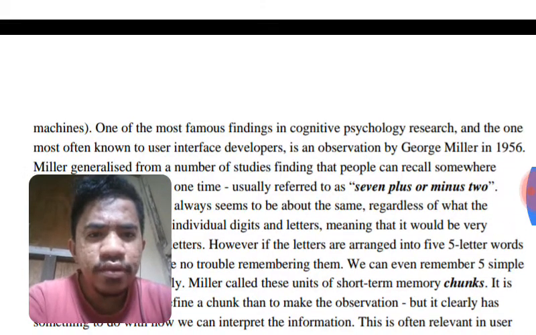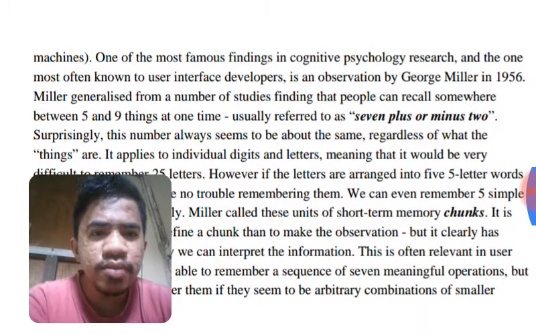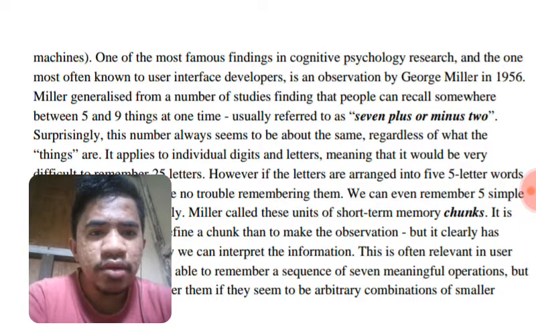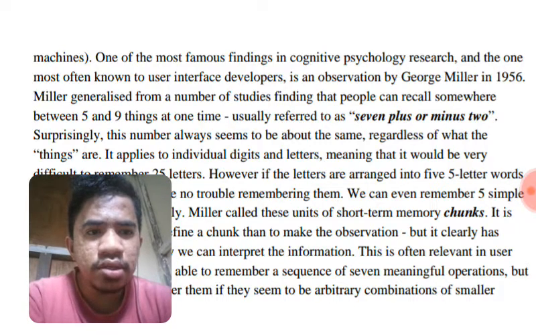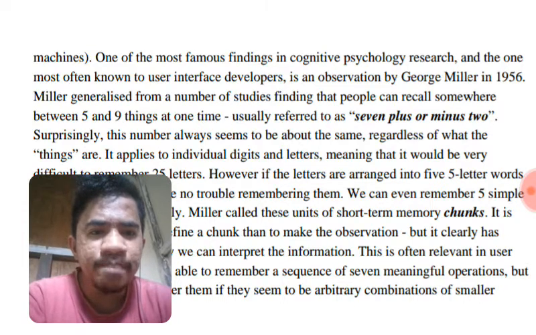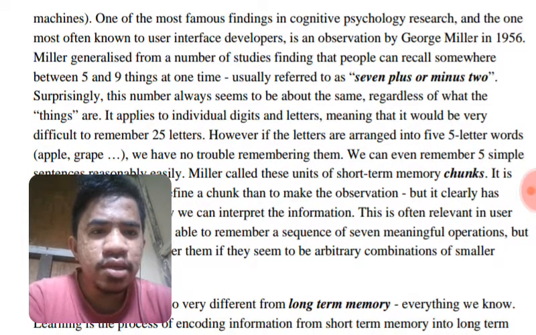One of the most famous findings in cognitive psychology research, and the one most often known to user interface developers, is an observation by George Miller in 1956. Miller generalized from a number of studies, finding that people can recall somewhere between 5 and 9 things at one time, usually referred to as 7 plus or minus 2.